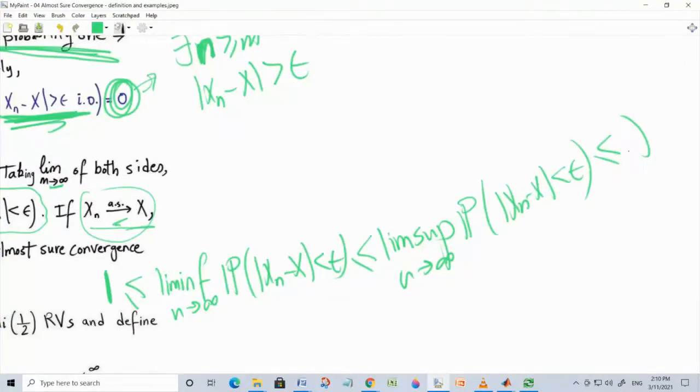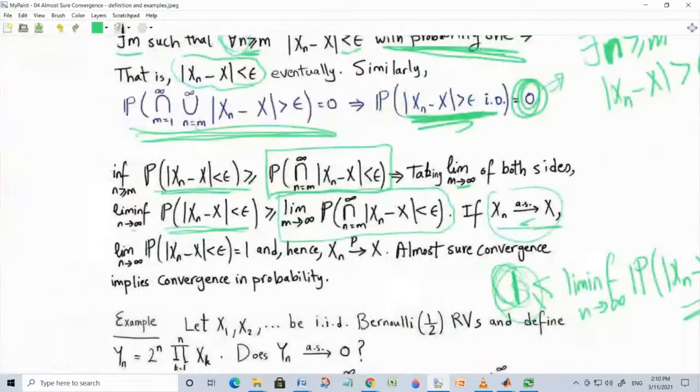So in the chain that we have been seeing, if we have almost sure convergence, this guy here, which was basically a limit, is now 1. So the limit infimum is equal to the limit supremum, and the limit exists and is exactly equal to 1. And what limit do we have? It's the limit used in the definition of convergence in probability. So the idea is that almost sure convergence ensures convergence in probability.